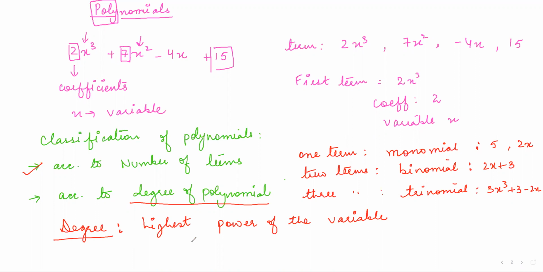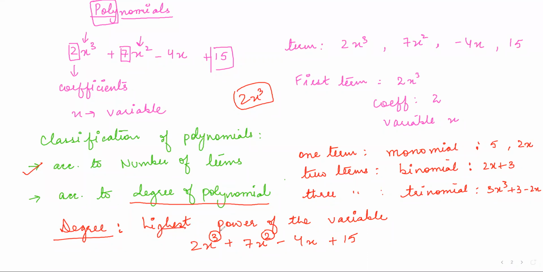For example, if I look at the same polynomial, 2x cube plus 7x square minus 4x plus 15, what is the highest power of variable you can see here? No, power is this. This is power. Right, Jaslene?